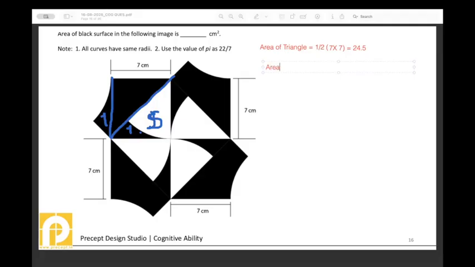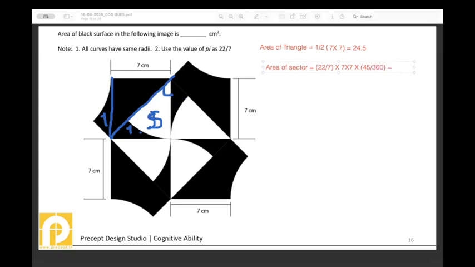So area of sector will be equal to pi r squared, 22/7 multiplied by 7 multiplied by 7 multiplied by 45, which is the angle, by 360 degrees.